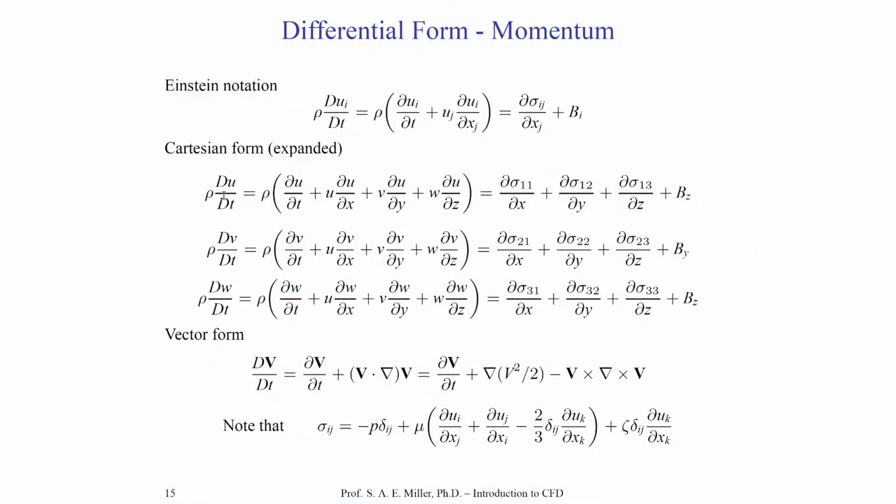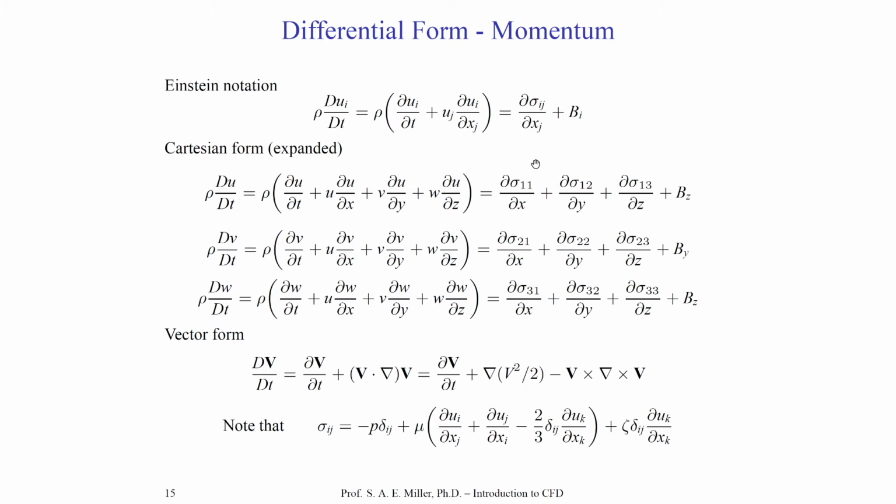On the left-hand side, once again, we'll have simply the density times the material derivative of u with respect to time. That will be equal to, of course, the density times expanding out the material derivative term, which is partial u partial t plus u partial u partial x plus v partial u partial y plus w partial u partial z.